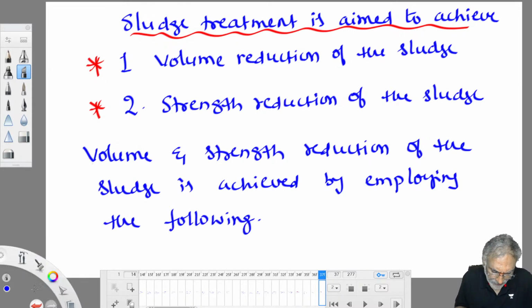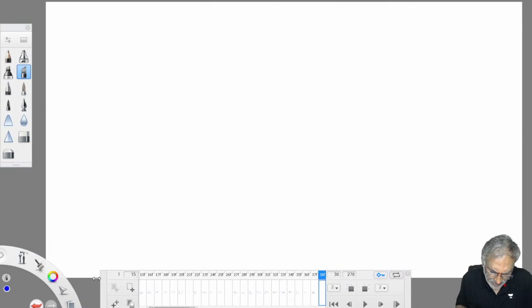So 4 technologies we apply to get rid of the bad things present in the sludge as well as to remove the moisture content of the sludge.